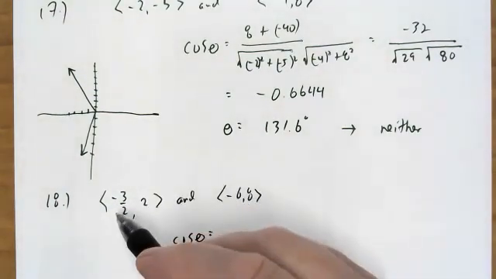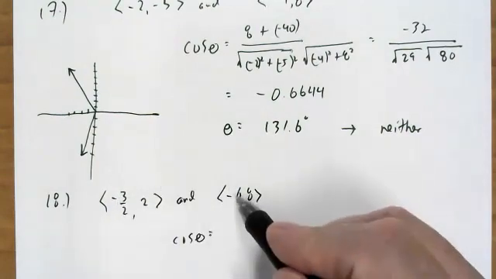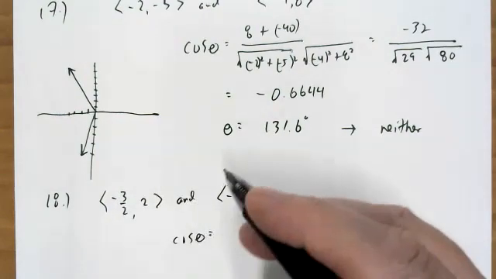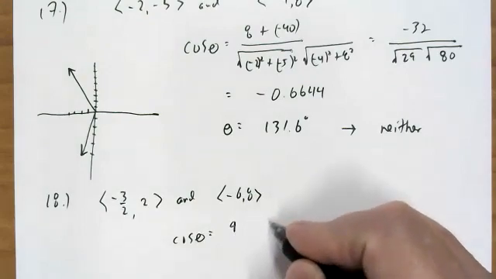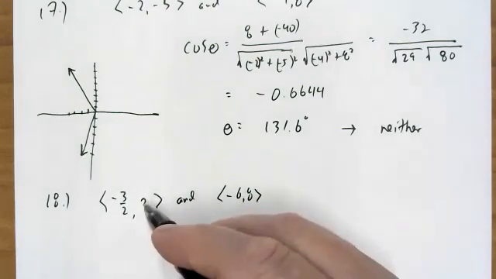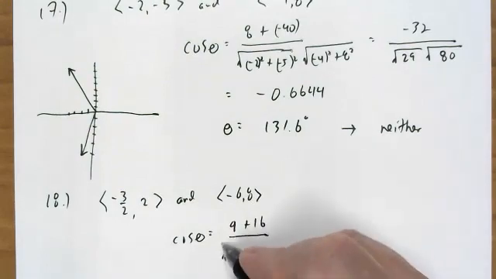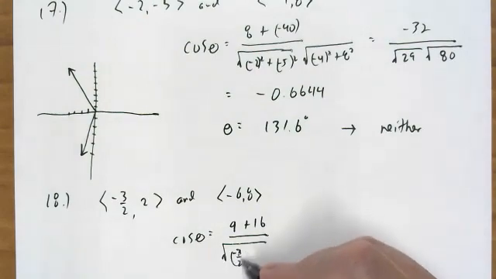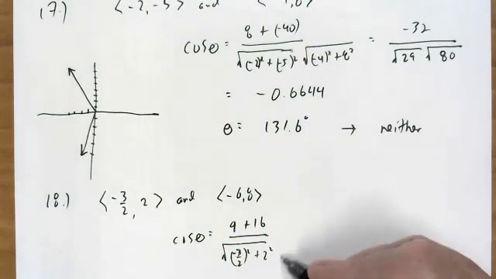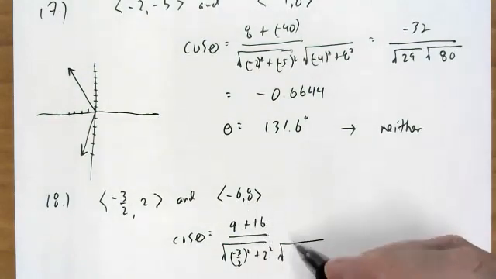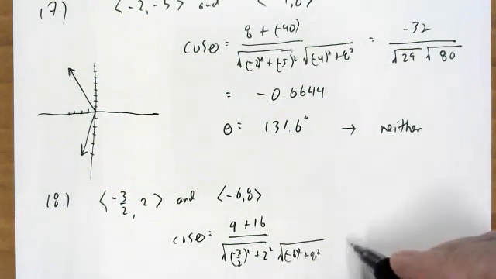So dot product, I got a fraction here. So -3 halves times 6 is actually -9. 2 times 8 is 16. -3 halves squared, this is going to be messy, plus 2 squared, times -6 squared plus 8 squared.